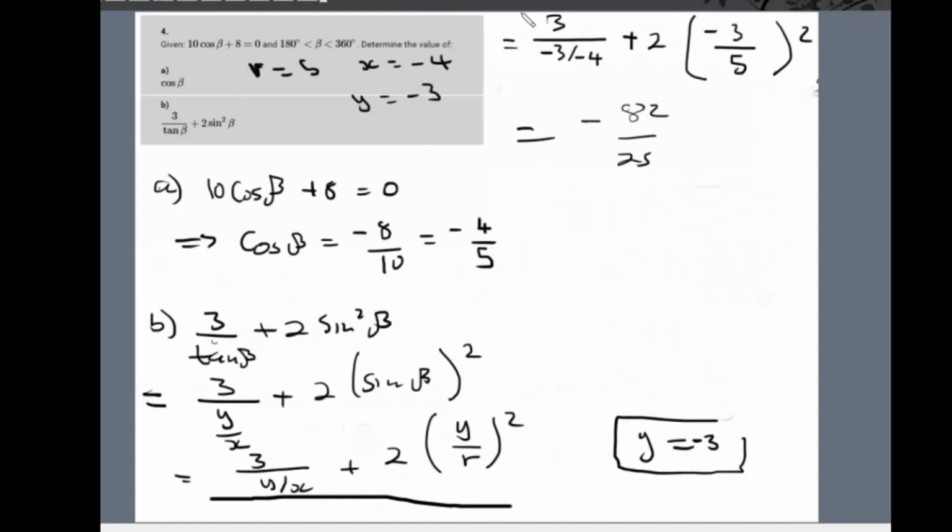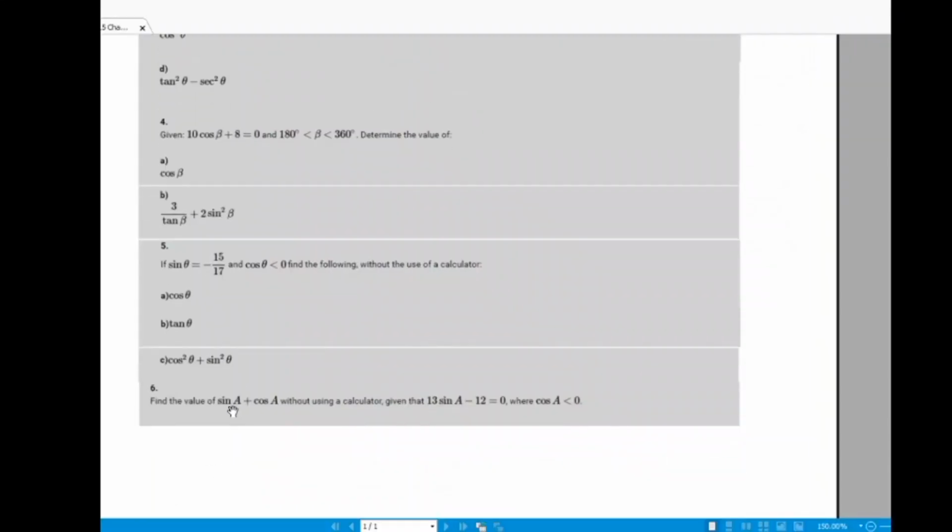If you substitute this in your calculator, you will get -82 over 25. So I think it is correct. I might have made a mistake somewhere, but no, I think it's correct. Okay, so that is question 4. We can go on to question 5.